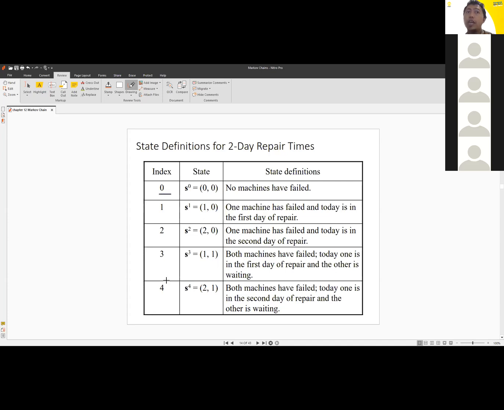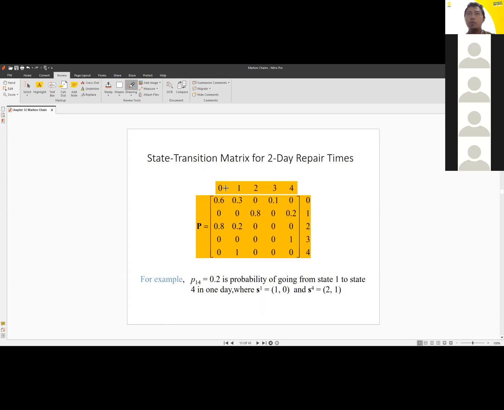In this case, we have 5 states, 0 until 4, so the matrix is 5 by 5.